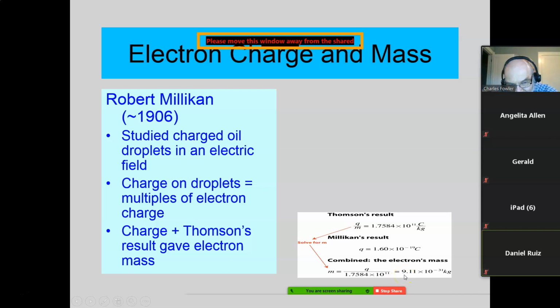Oh my goodness, look at that mass. 9.11 times 10 to the minus 31 kilograms.